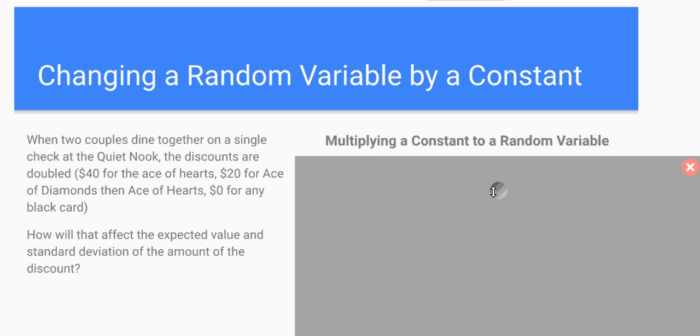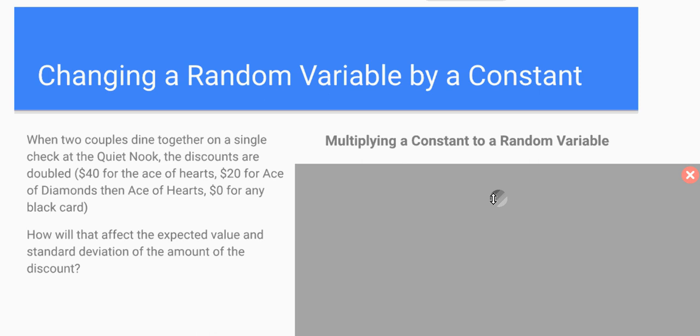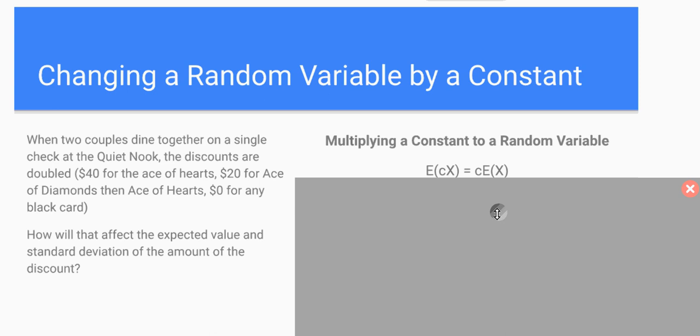And so, just like we did before, the mean behaves like you think it's going to behave, right? If we are doubling the outcomes, we will probably be doubling the expected value, which is exactly what this is saying right here. However, how this affects the variance is important to note. There's a slight difference, right?